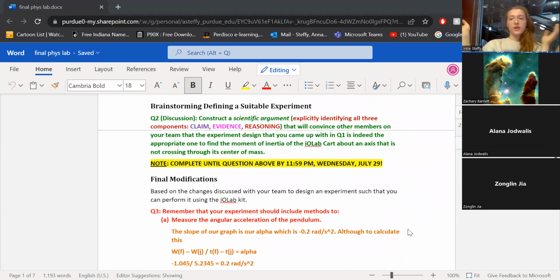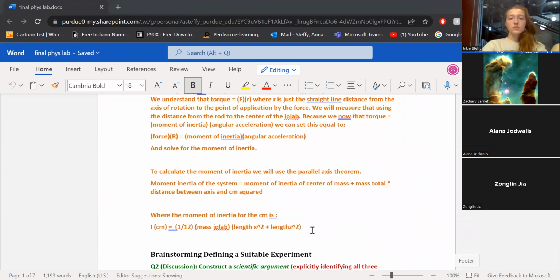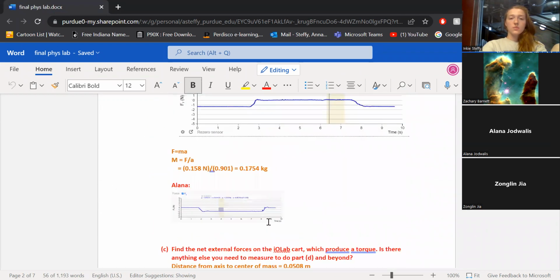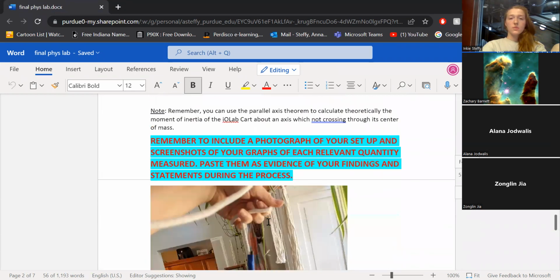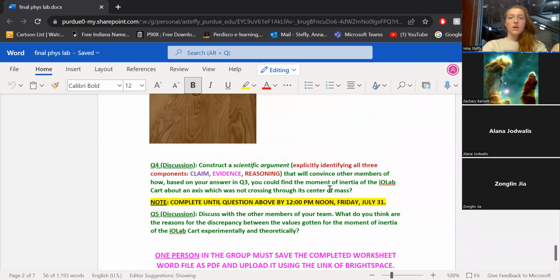I don't know if anybody has any thoughts on that. I do have a question, because you just mentioned that you used a heavy chopstick, and I'm using something even heavier. Should I take account of the mass of the stick, or should I just use the mass of the cart?